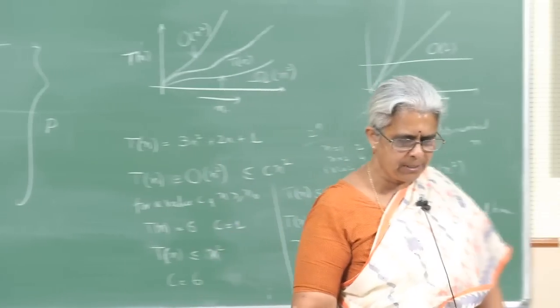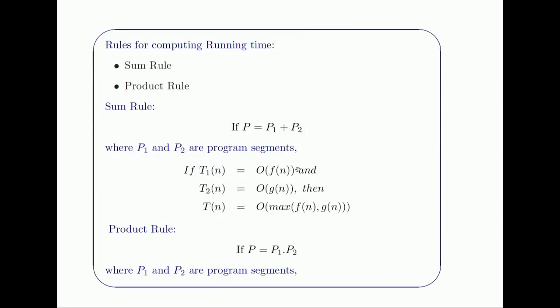So, how do we do this? If the program segment P1 takes order f of n and the program segment P2 takes order g of n, where f of n and g of n are functions of n, then the total time complexity of the program is the maximum of f of n and g of n. This is called the sum rule. What do we mean by this?